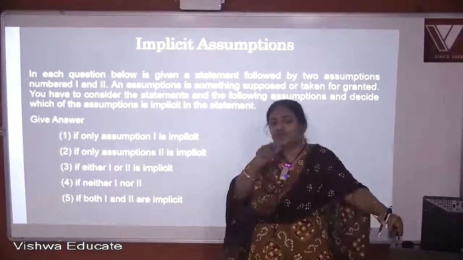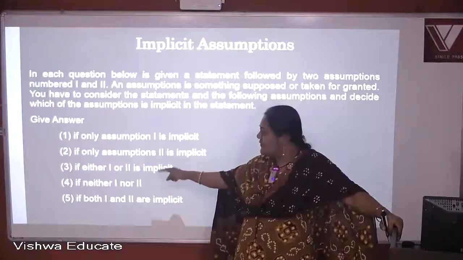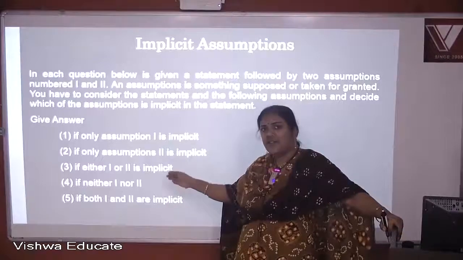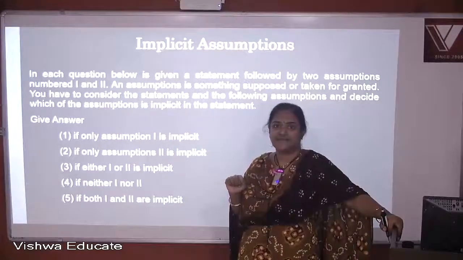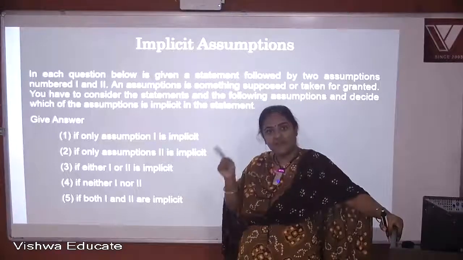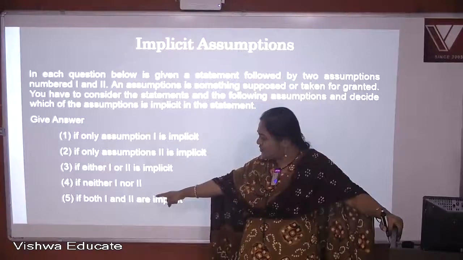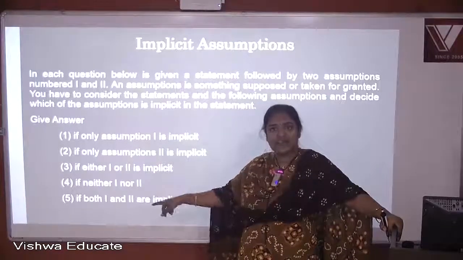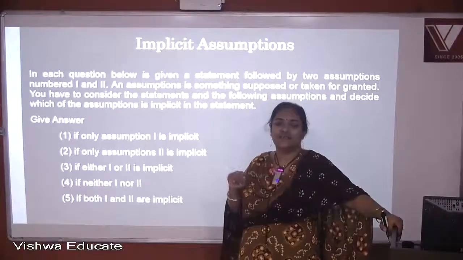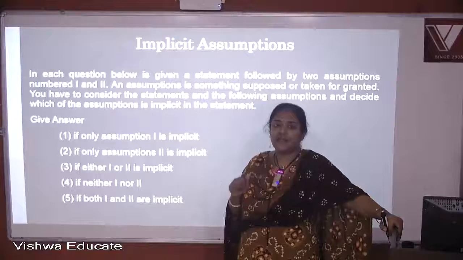In these two options, when you have to choose either 1 or 2 is implicit, you have to prove 1 is right and also you have to prove 2 is right. You got the point. In the fifth option also, both 1 and 2, here also you are proving that 1 is right and also 2 is right. Then how to make a choice between the third option and the fifth option?